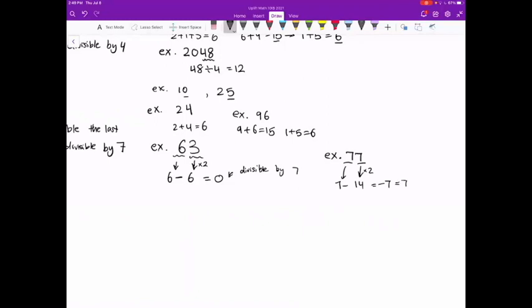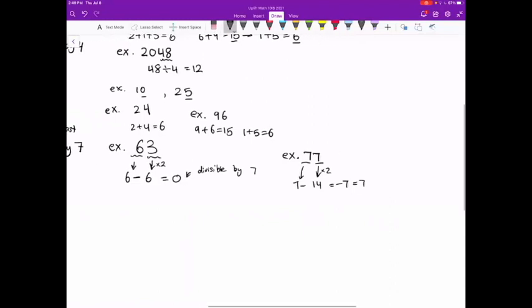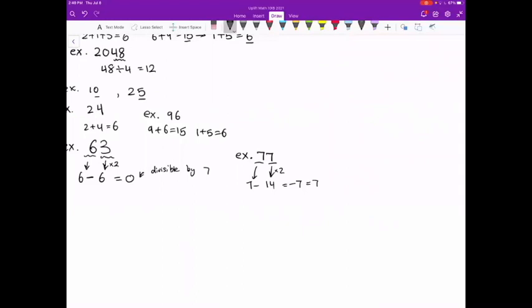Thus, it's also divisible by 7. Now, another number we could do is 147. In this case, we have 7 multiplied by 2, which is 14, and we move the rest of the digits over. So it's 14 minus 14, which is 0, which is also divisible by 7.